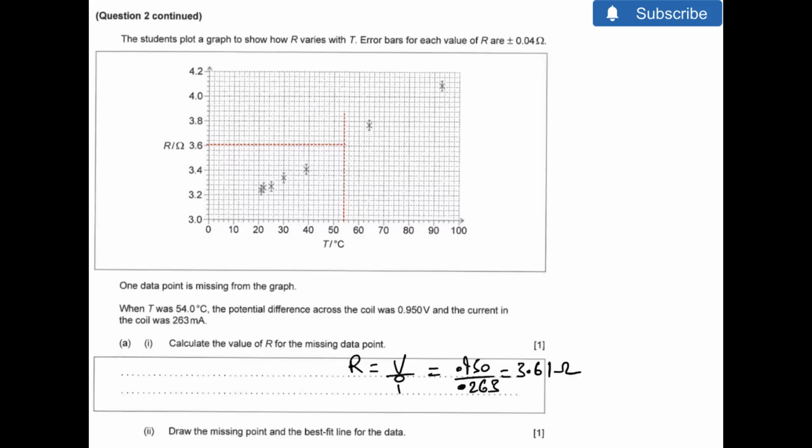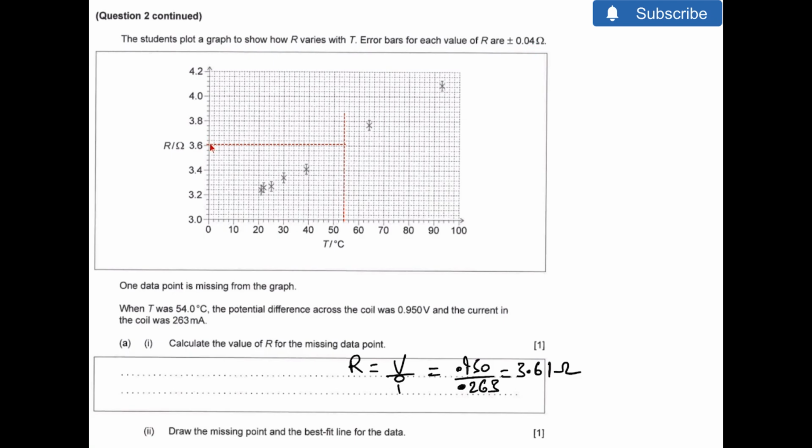Now in this second part, we have to draw that missing point and the best fit line for the data. I've already marked this point. You can see that at 54 degrees Celsius, the value of resistance is 3.61. We already know that one column is 0.04 ohms.